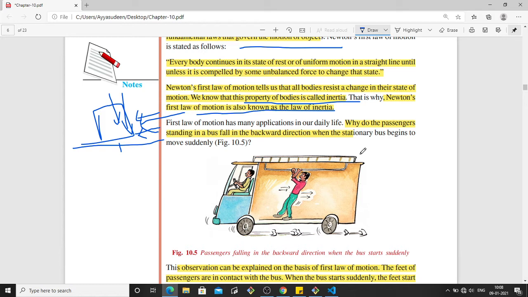The first law of motion has many applications in our daily life. If you are standing in a bus and suddenly the bus moves, you move back. Or if the bus is moving and suddenly there is a brake, you move forward.